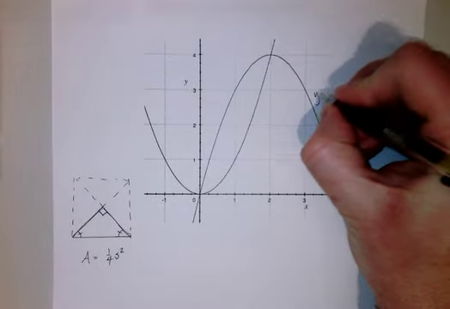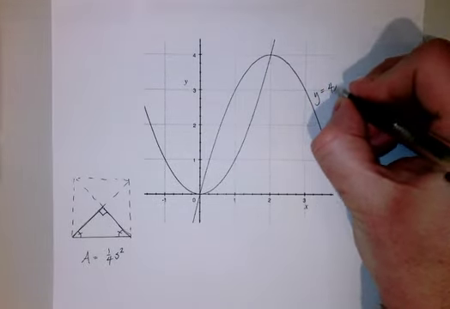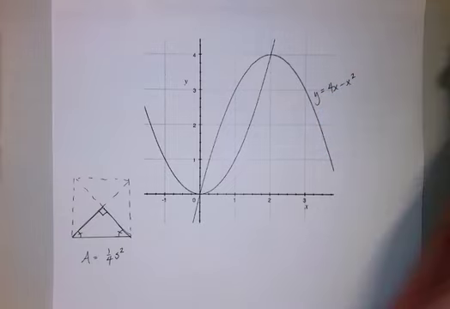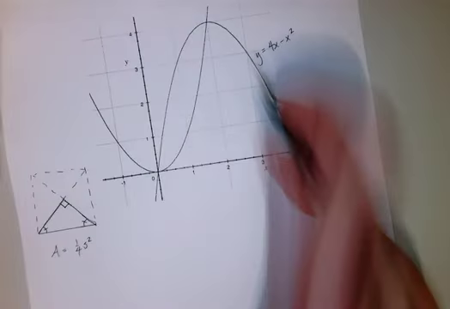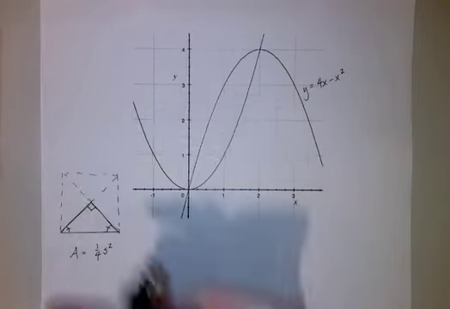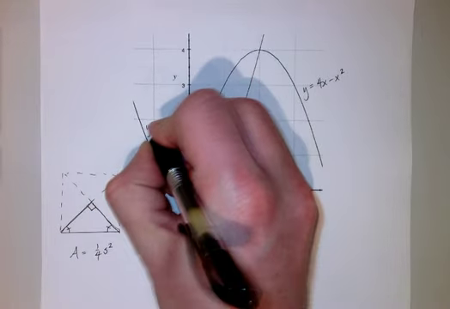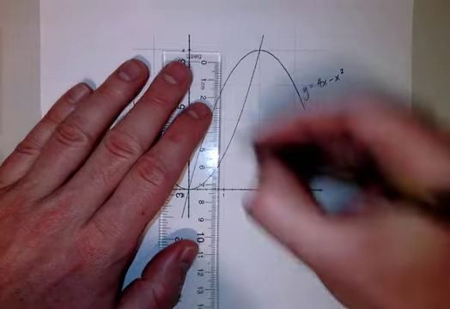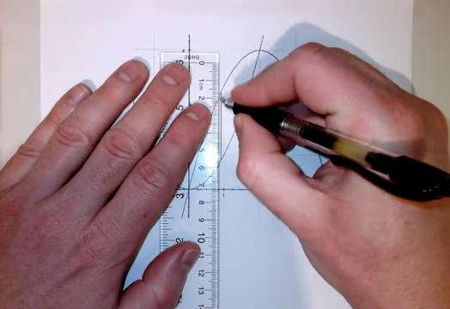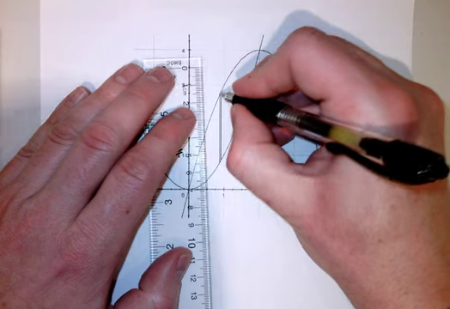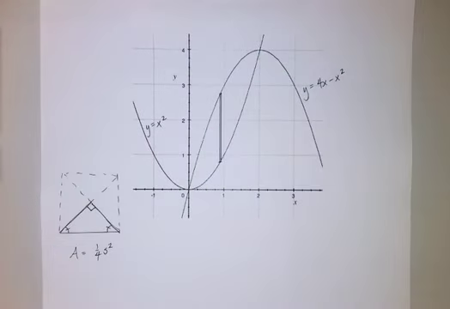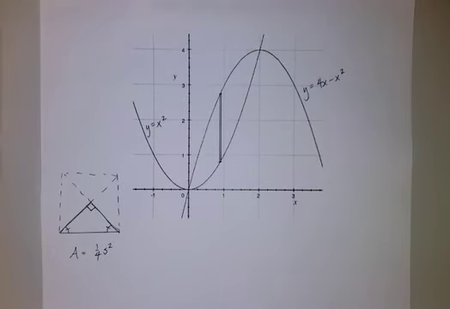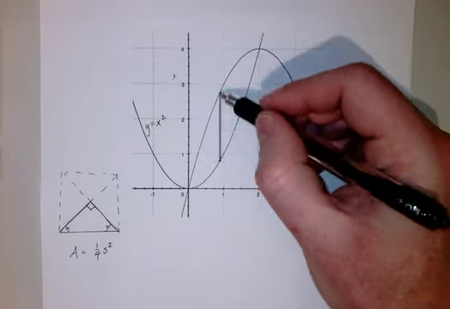Now, if you didn't get a chance to write it down because I moved it away too quickly, the downward facing parabola is y equals 4x minus x squared. The upward facing parabola is my parent function, and I'm going to figure out the cross sections that are perpendicular to the x-axis and come up, and this is the hypotenuse, right?